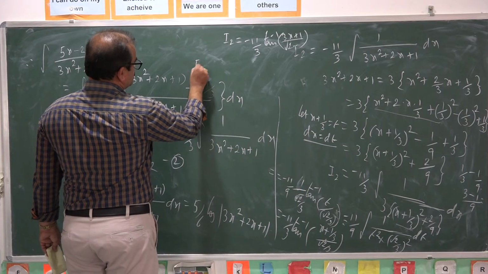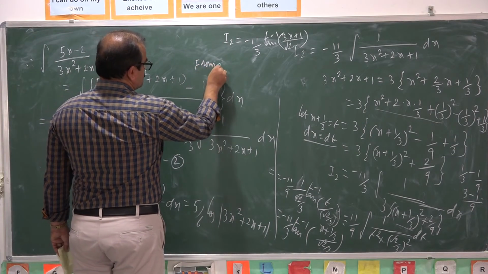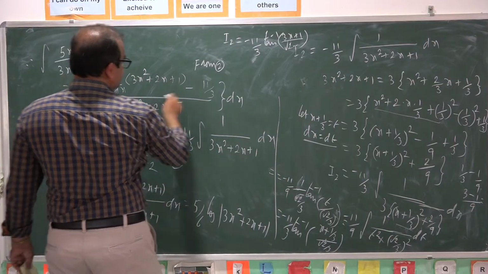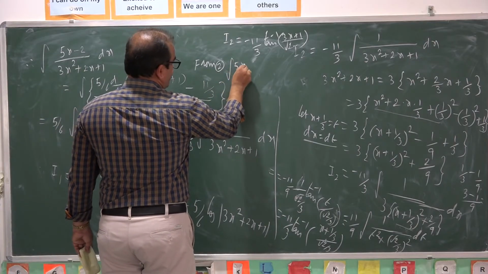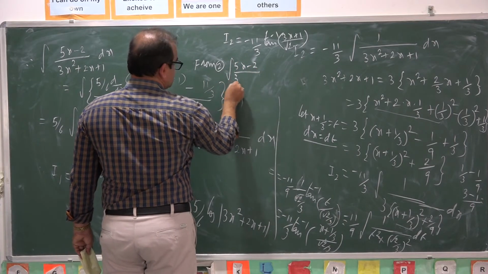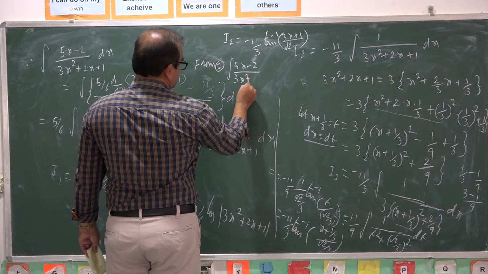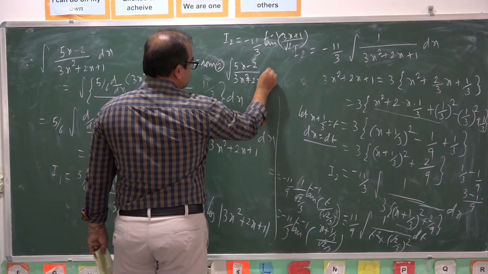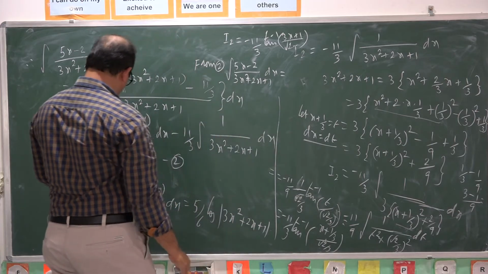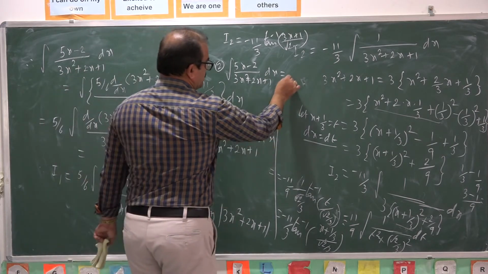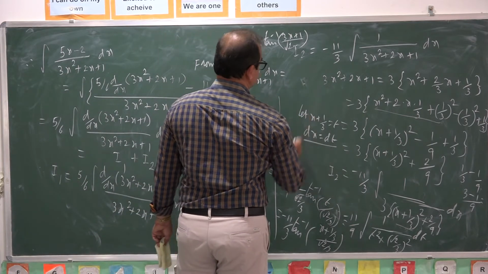From equation 2, integral of 5x minus 2 by 3x square plus 2x plus 1 into dx is equal to, you write I1 value and I2 value, write that answer.